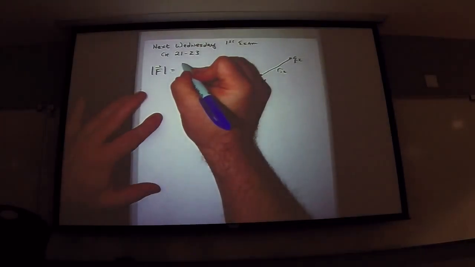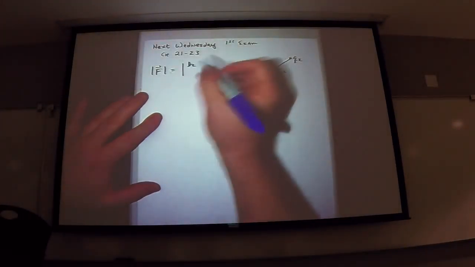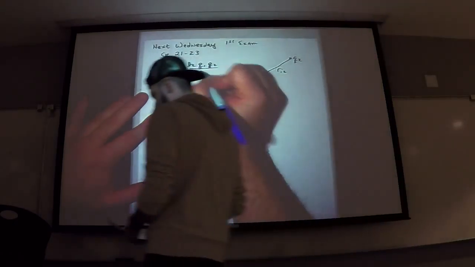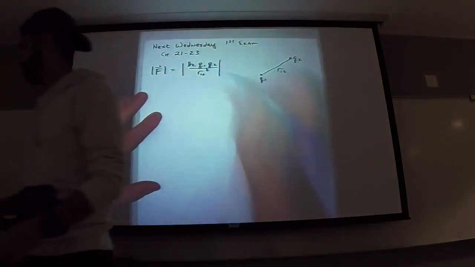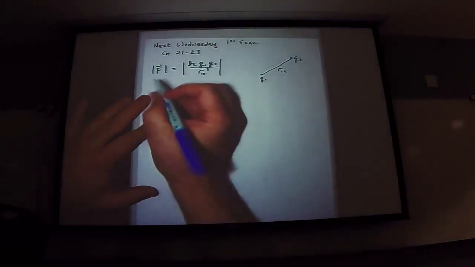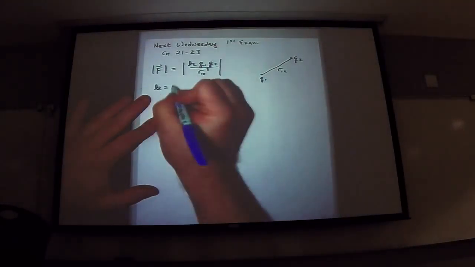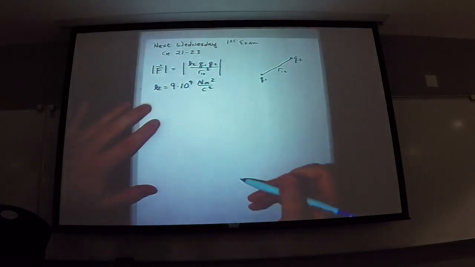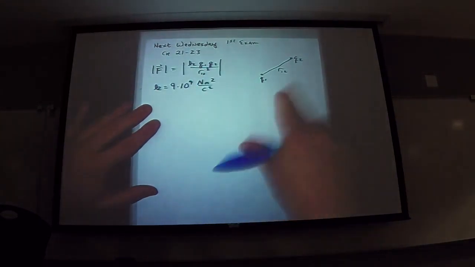The force between those charges is k Q1 Q2 over R12 squared. k is a constant, 9 times 10 to the 9th newton meters squared per coulomb squared. R12 is the distance between these two.